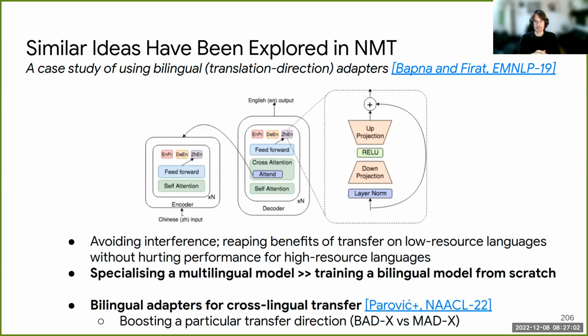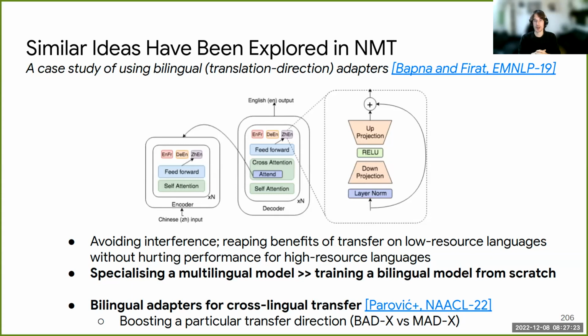So what you're doing is basically starting from a multilingual model, and then specializing it to a bilingual model, but it's much better than doing it from scratch, because you still enable positive transfer between all these high resource and low resource languages.